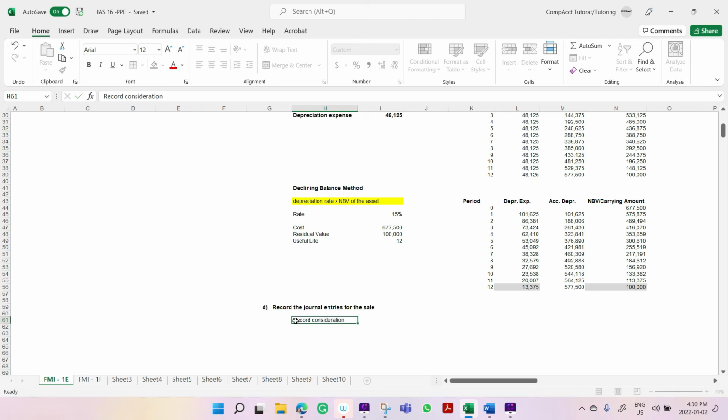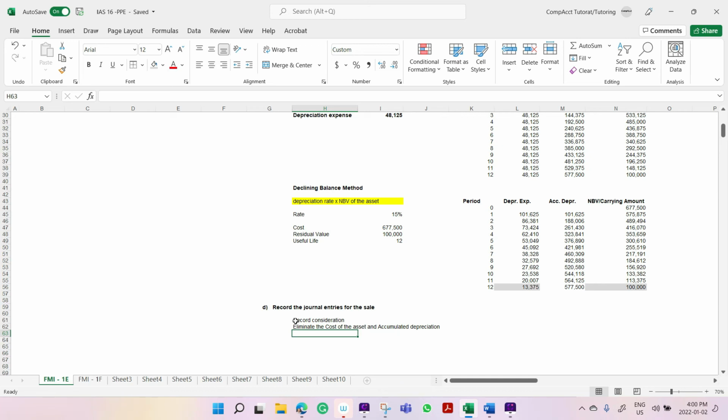You have to eliminate from the books the cost of the asset and the accumulated depreciation. Got to reverse those entries, obviously.